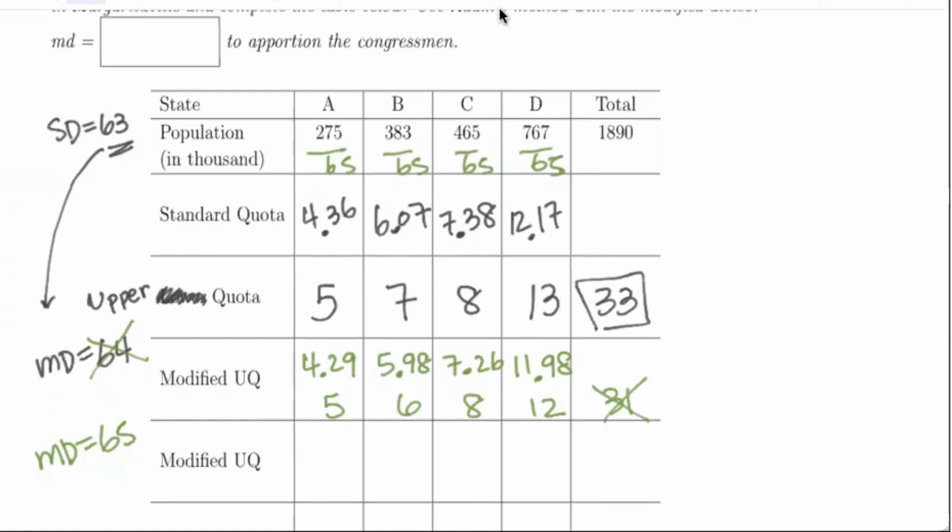65 doesn't work. How about 66? 67? Try 67. Does 67 work?